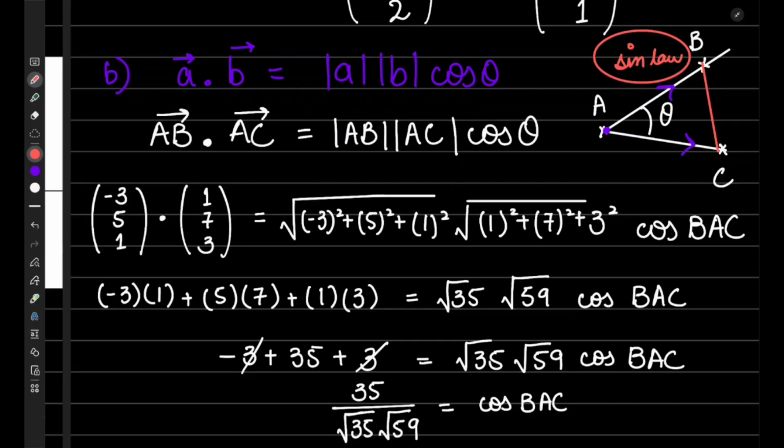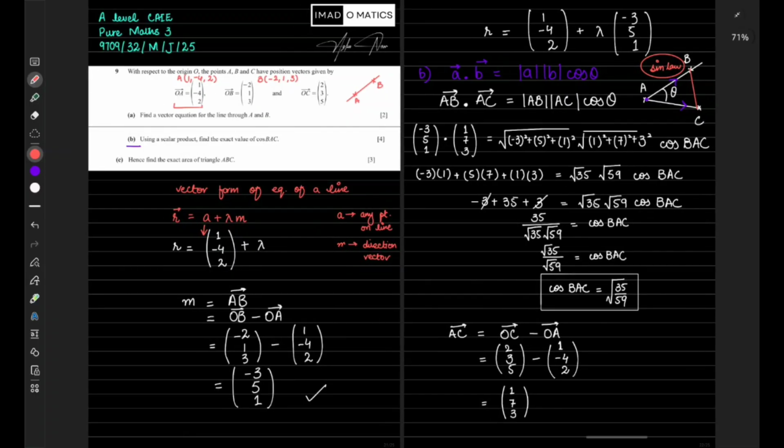Rather, because we know the two sides and the included angle, like we know AB, AC and the included angle theta, which we just found as cos BAC, we can use that to find the area of the triangle. So let's take that.